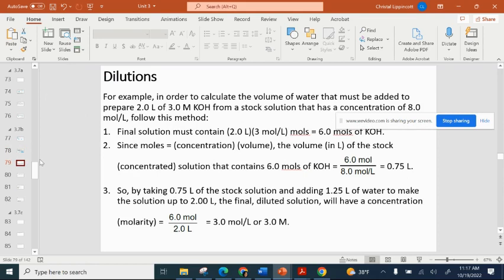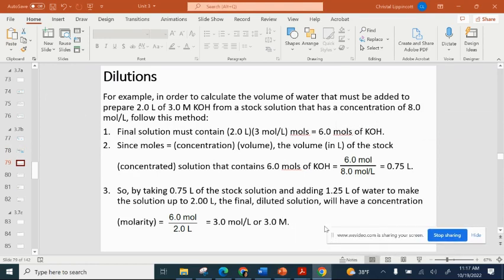All right. So this is what I was talking about. These are other examples of this. Here we are looking at, yep, we've got a stock solution here. It's 8 molar. You can end up doing it this way or you can do it my way.